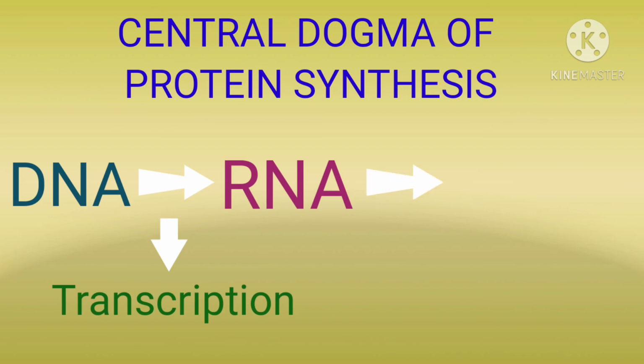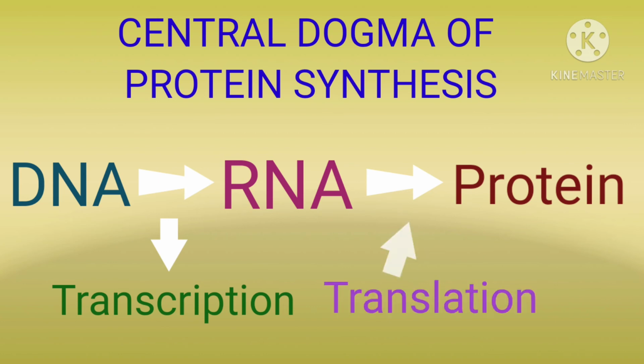The mRNA later on translates this genetic code into a protein with the help of ribosomal RNA or rRNA and transfer RNA or tRNA by the process of translation.